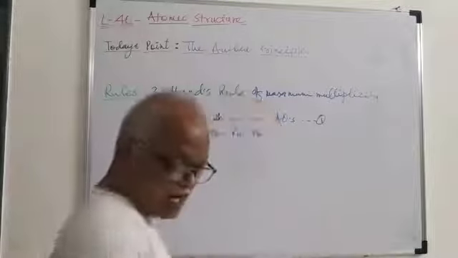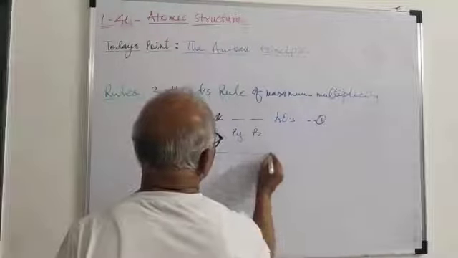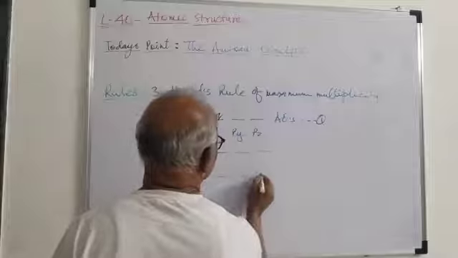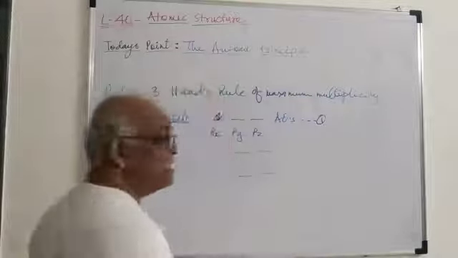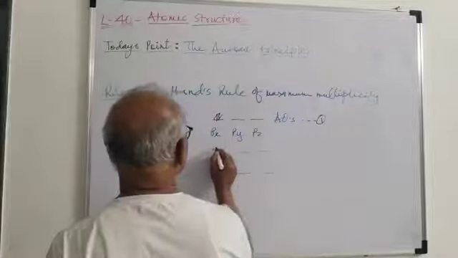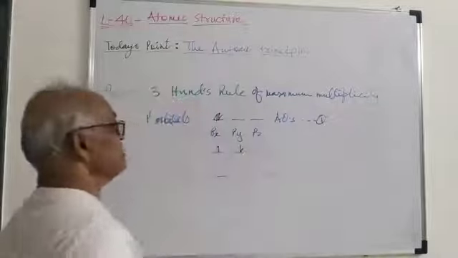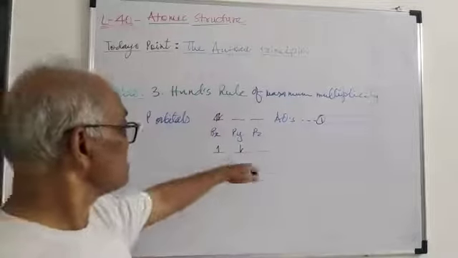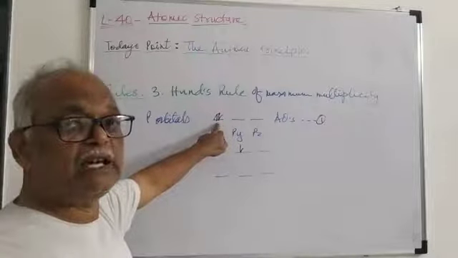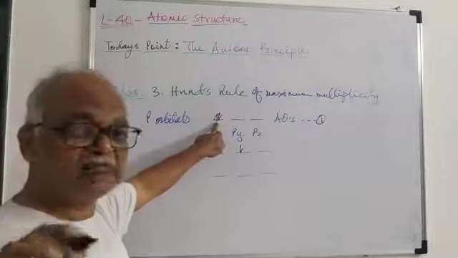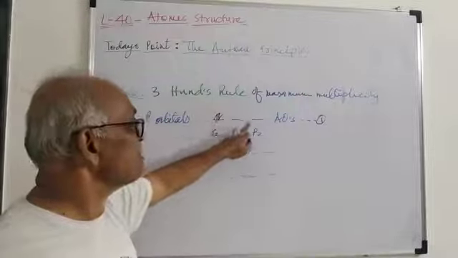Then we have another probability like this, where these two electrons can alternatively be shown in this way. In this case the electrons are paired. So one electron has -1/2 spin, the other electron has +1/2 spin. That is called pairing.